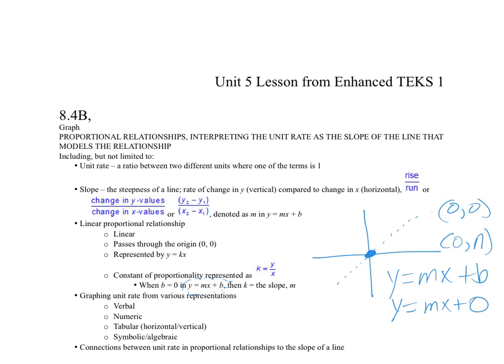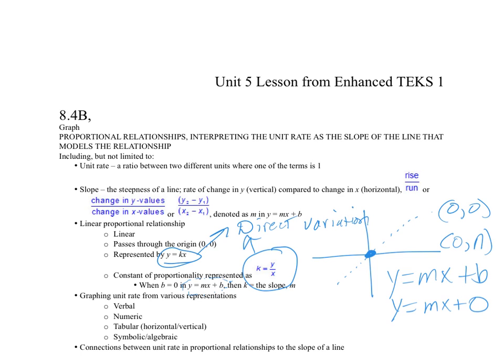Also, if you see here, the author says we can write this as y is equal to k times x. So if y is equal to k times x, we call this a direct variation.